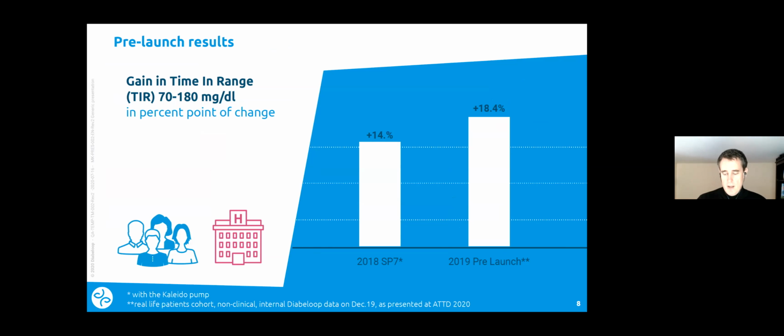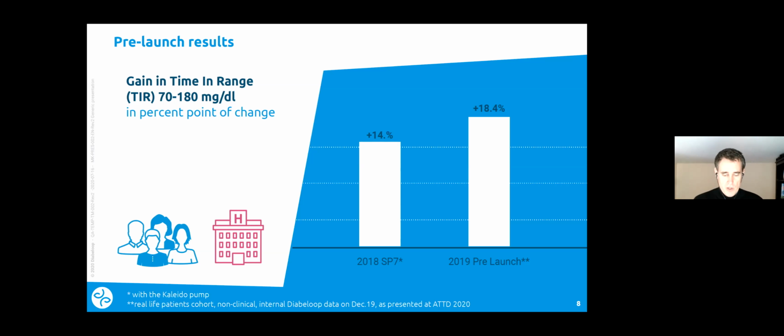They are people that started out, I think, around 55% time in range, which is not great, but it's actually representative. Most people, actually 55 is not that bad on average. Of course, way far from ideal, but it's quite representative. And so those people went from 55 to 70 or 72, 73% average. And that's what we show here, the gain in time in range.